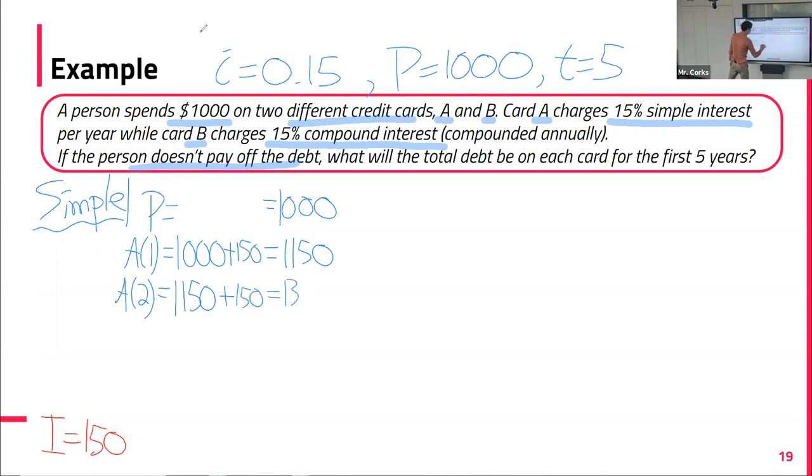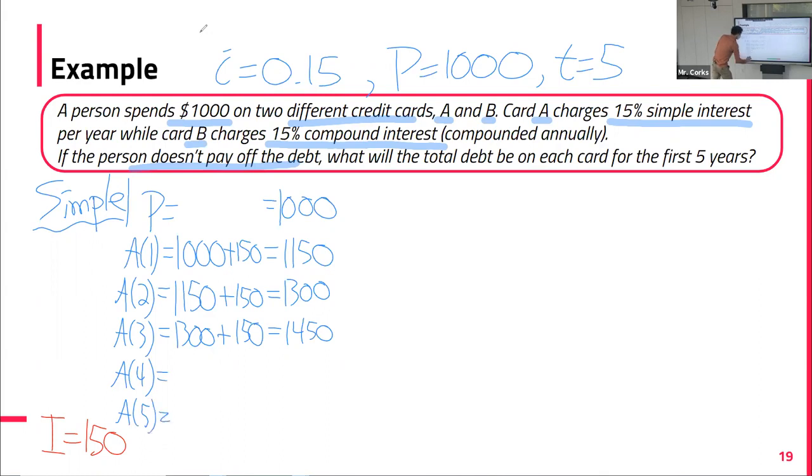So 1,300. After 3 years, we have the amount after 2 years, 1,300 plus 150. All right, we can kind of see the pattern happening here. After 4 years, after 5 years, I'll just skip some of the writing.